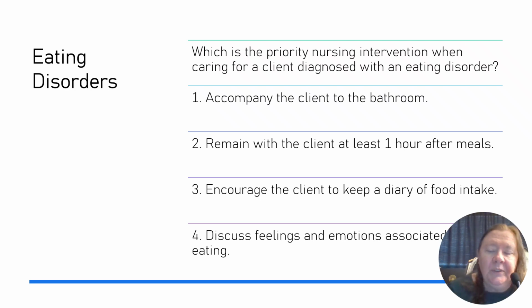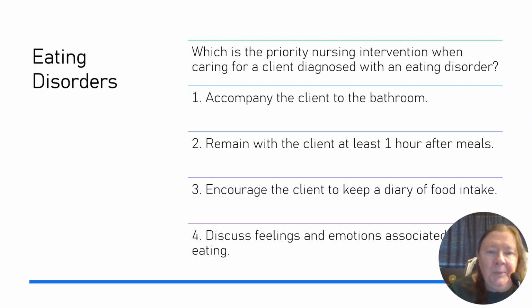Okay, let's go over the other answer choices. Number 1, that is incorrect, accompany the client to the bathroom. With a client with an eating disorder, you're not going to accompany them to the bathroom every time they go. Number 3, encourage the client to keep a diary of food intake. They may at some point, once they get into the therapy, keep a diary.